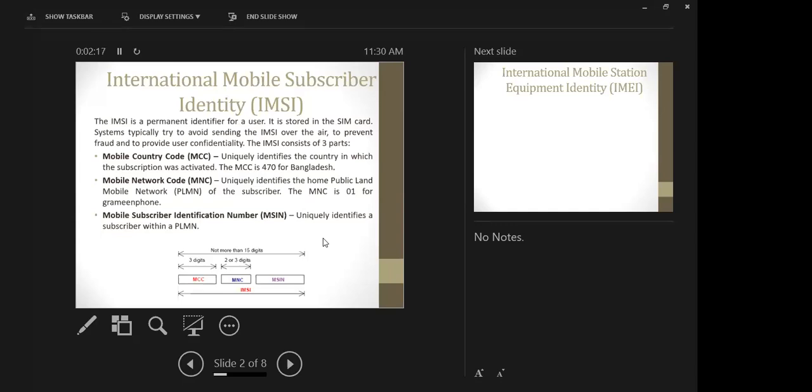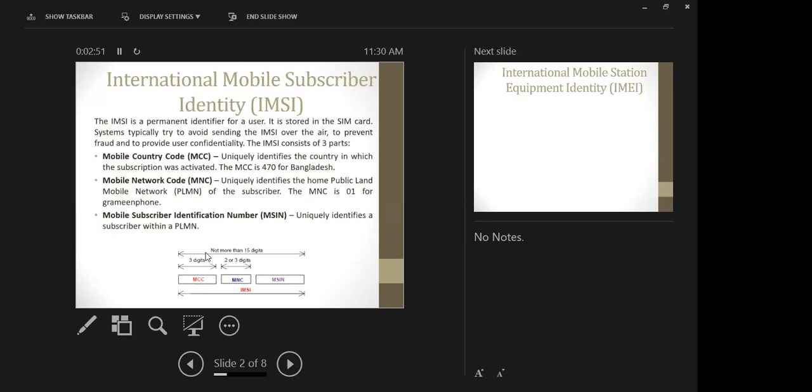This IMSI has three parts. The first part is MCC, which is a country code, and usually a country has just one country code, say France, Spain, or Bangladesh. For Bangladesh, it is 470. It's not 880.